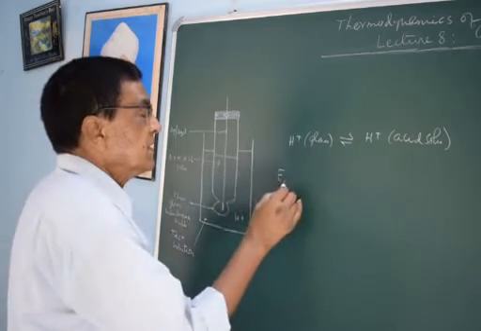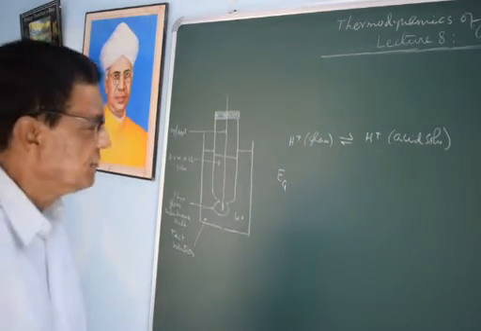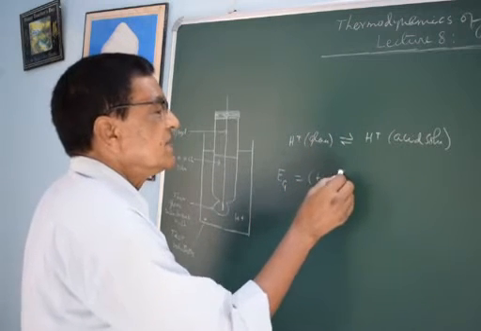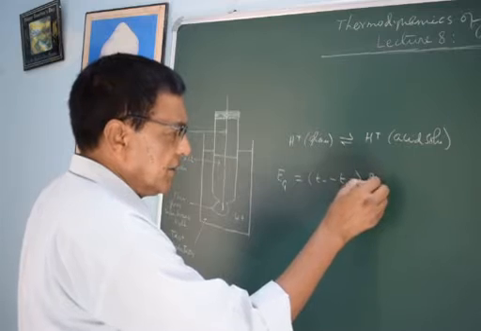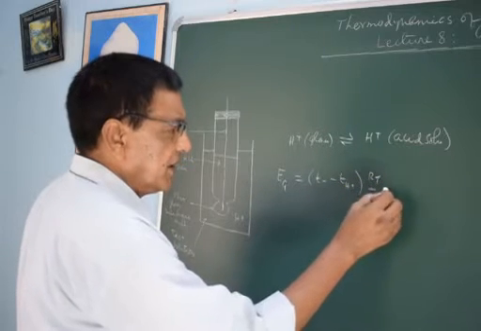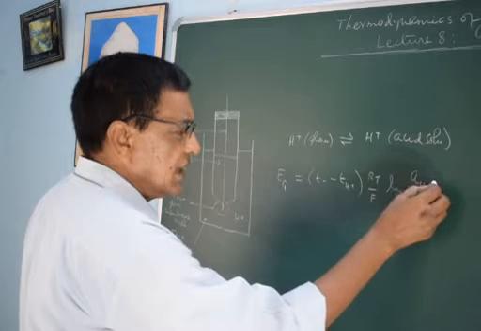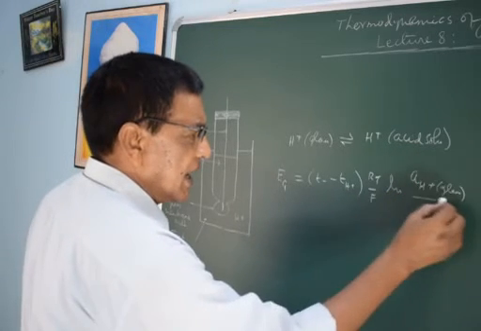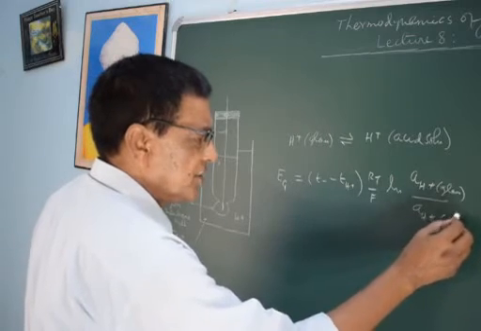The potential of this glass electrode is equal to t minus, t hydrogen ion, and RT by F ln activity of the hydrogen ion in glass and activity of hydrogen ion in the acid solution.